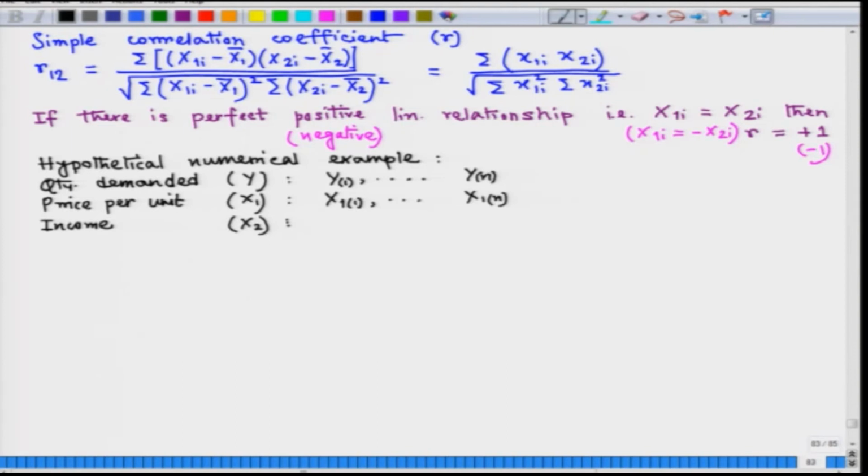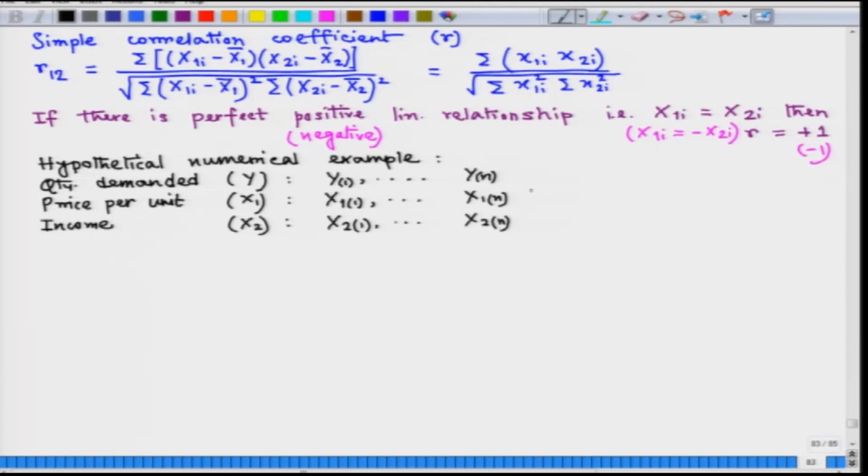You remember the theory of consumer behavior, what we have studied earlier. There we have seen that not only the price of a particular commodity has impact on the quantity demanded, but consumer's income also plays a big role in determining the demand. So, we have this simple hypothetical model.